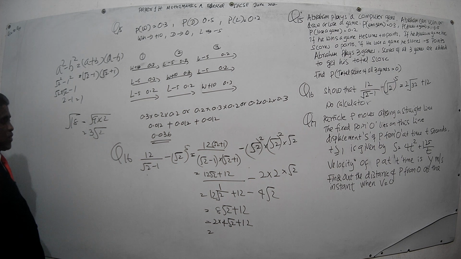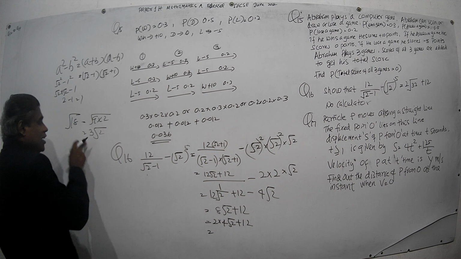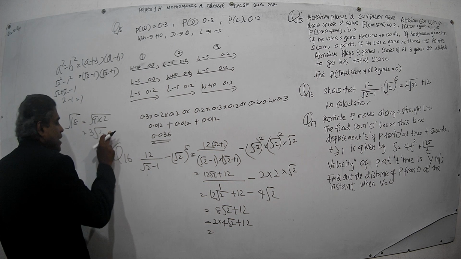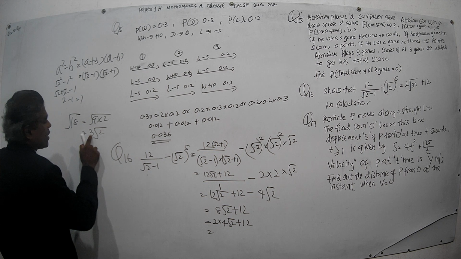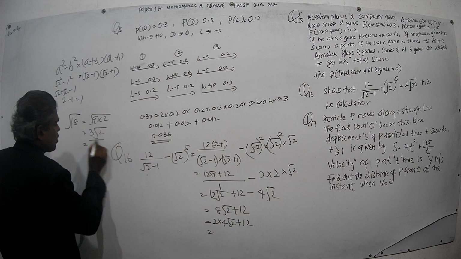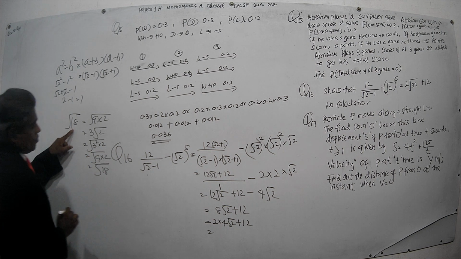This is what you get after simplifying. Then now if you want to take this 3 inside the square root, you have to square this and take it inside. Then you can write square root 3 squared into 2. 3 squared is 9, 9 times 2. Then square root. There you got the same thing.